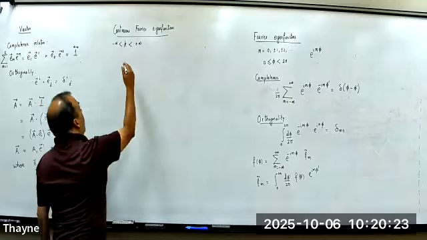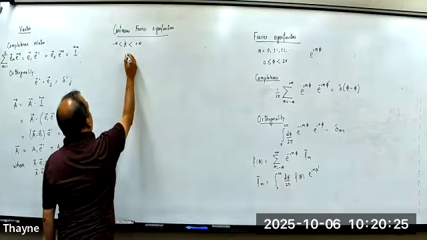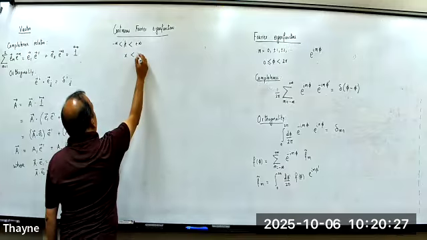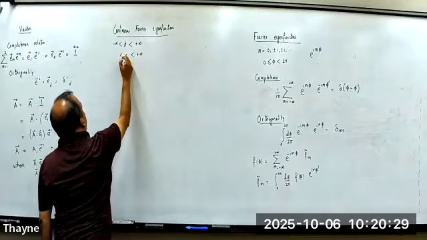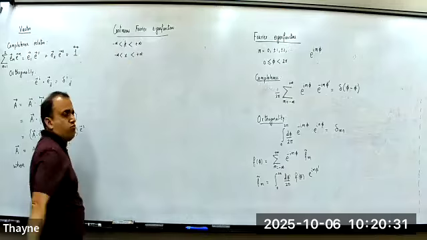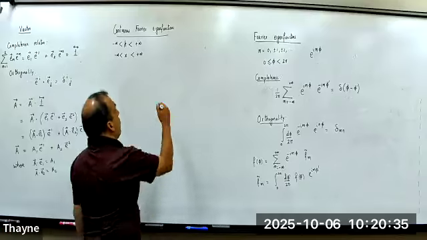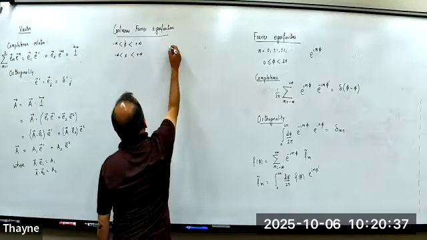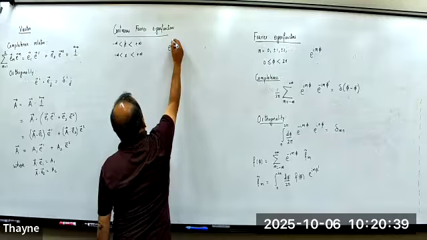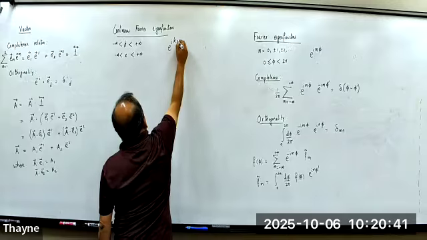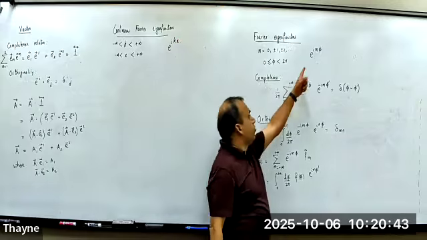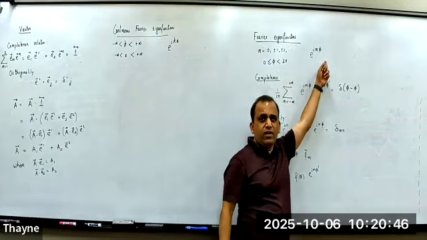And instead of phi, now you have x, which is less than plus infinity and greater than minus infinity. And your Fourier eigenfunctions will be e raised to i k x. Here it was e raised to i m phi.